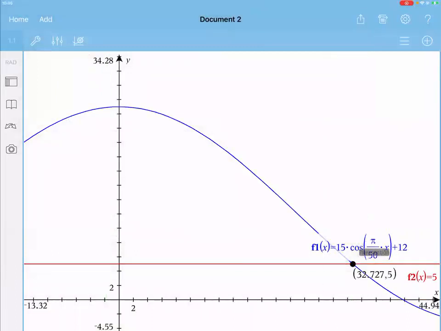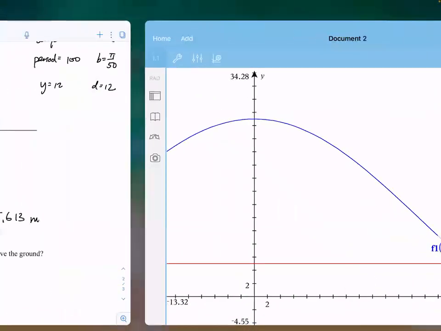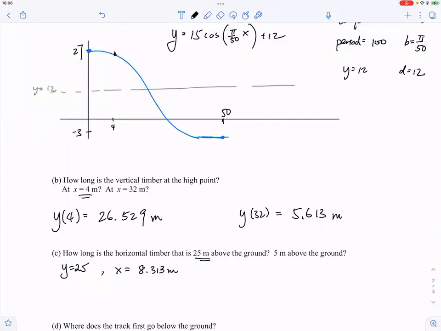So we got 32.727 as the length for the horizontal timber. So finding the intersection: when y is equal to 5, x is equal to 32.727 meters.